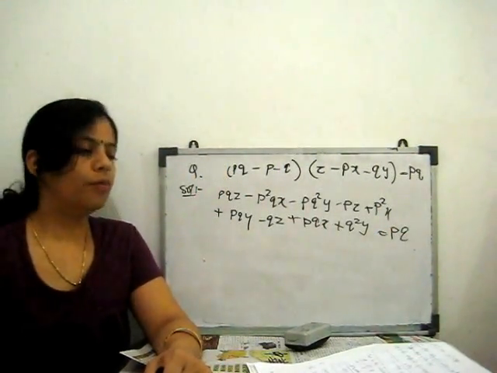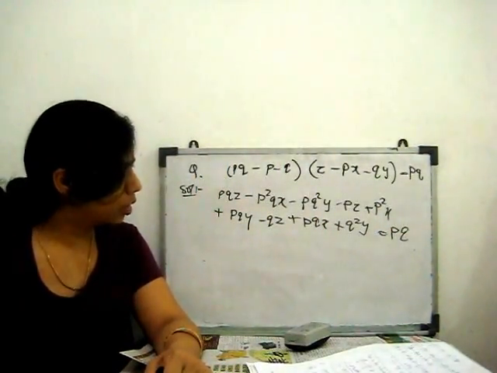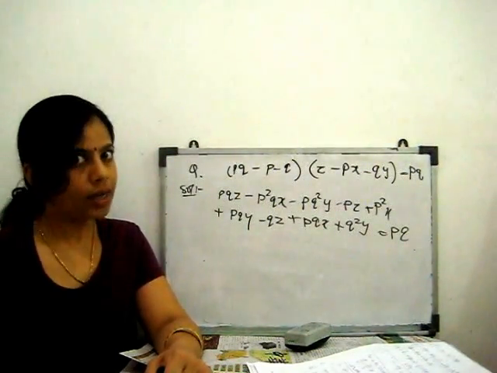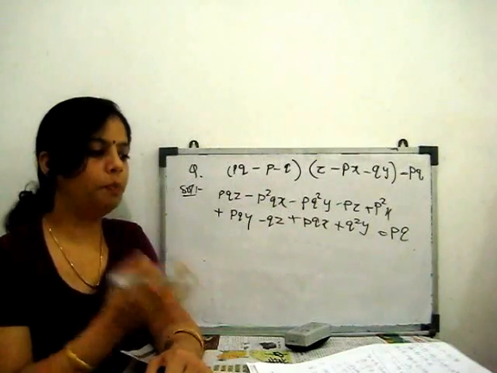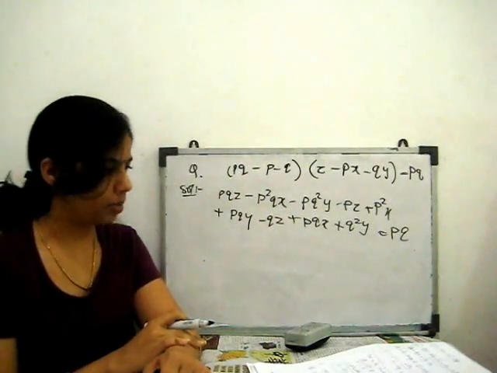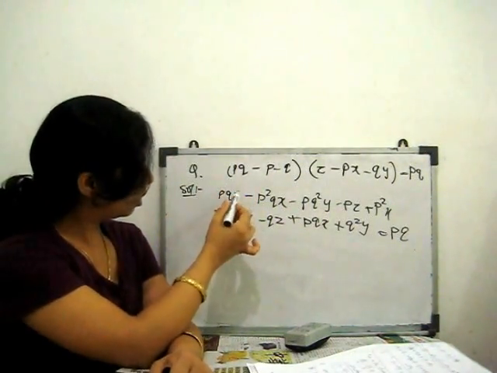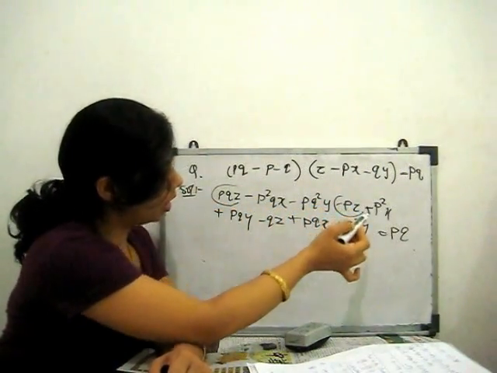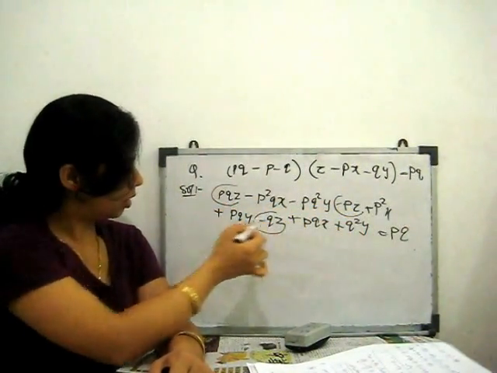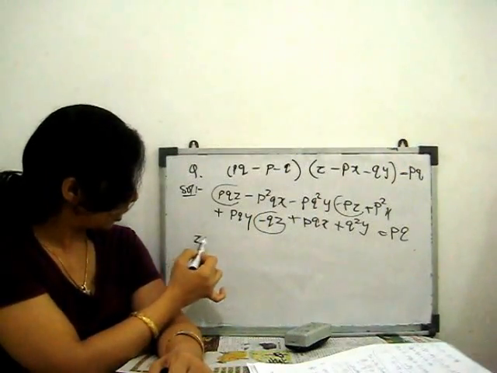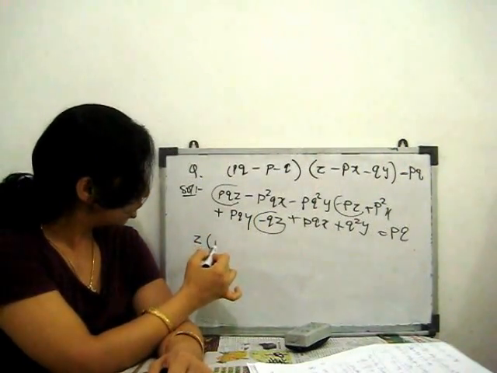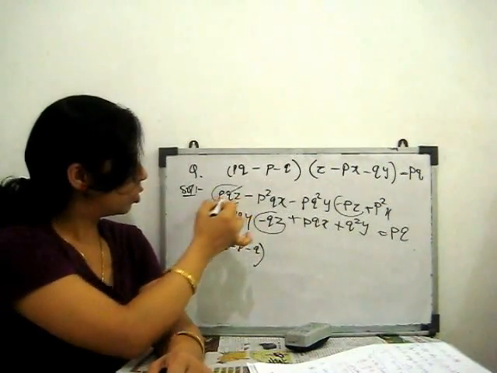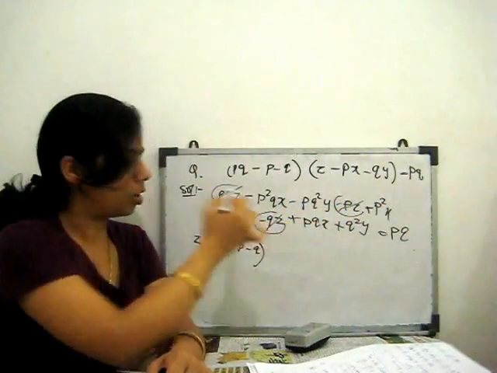Now we have to again sort this, all z terms in one bracket, px in one bracket, qy in another bracket. So when we combine all z terms, this has z, this has z and this has z. If I take z outside, it will give pq minus p minus q. So these all are gone. Clear?